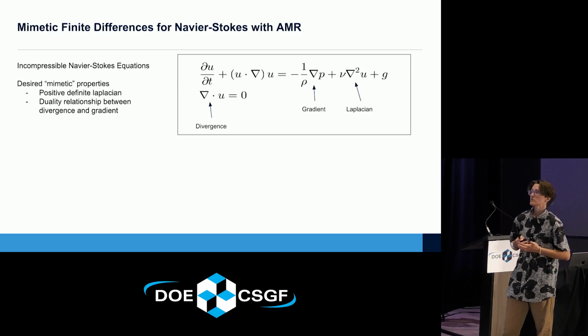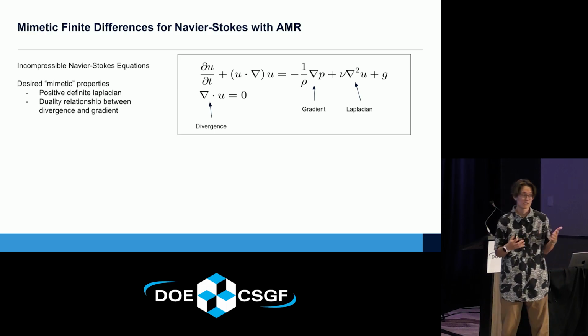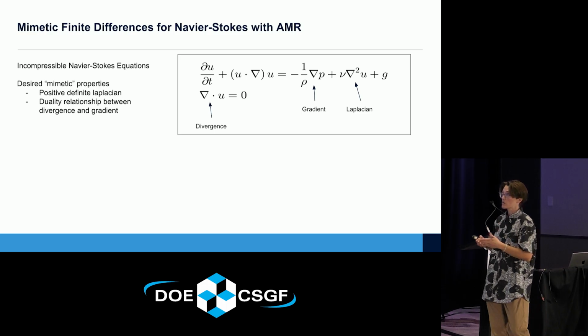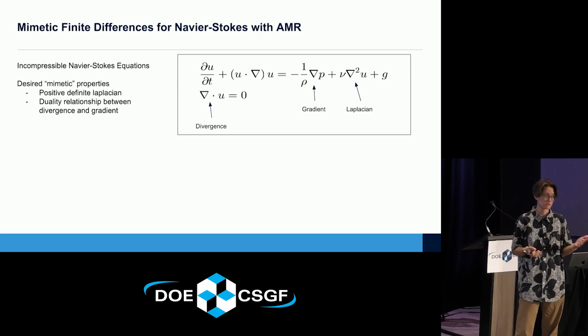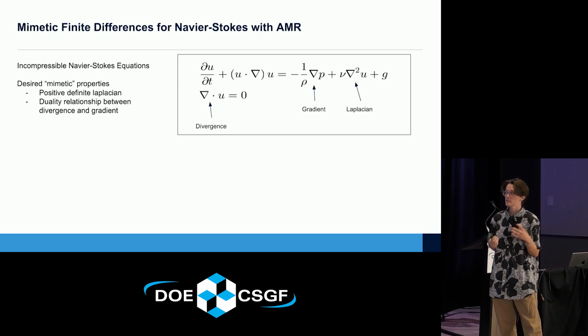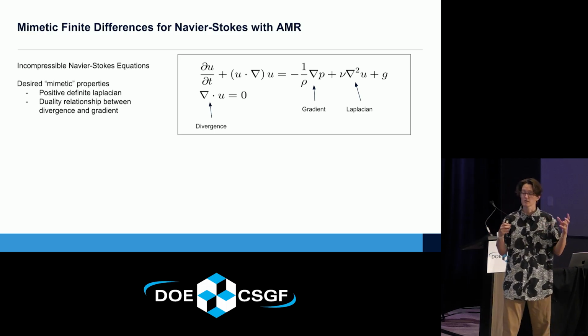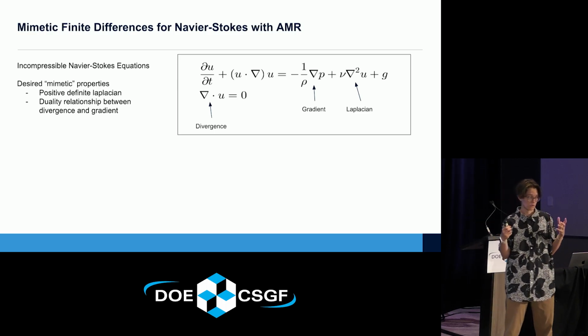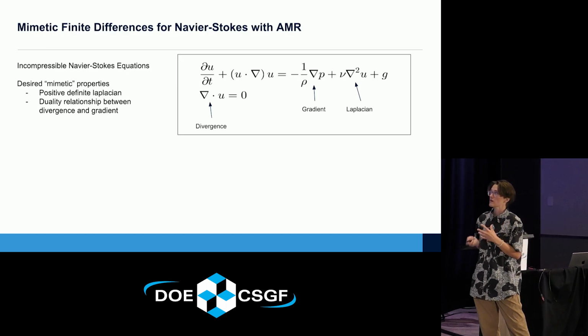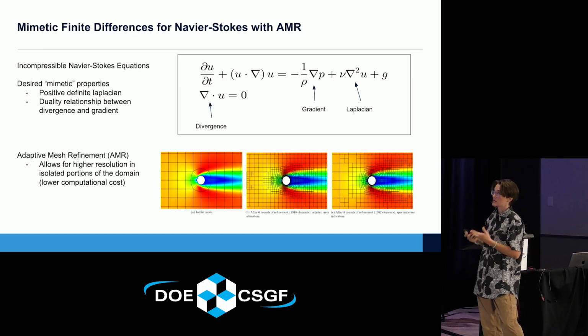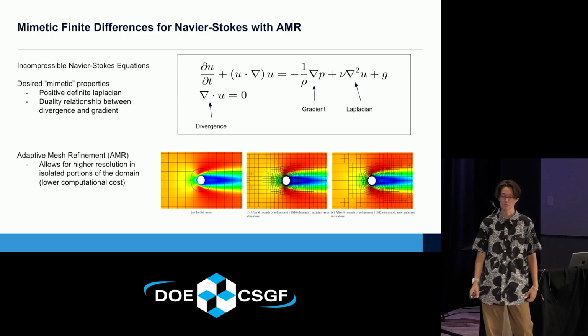And some of the reasons for this are we get these mimetic properties that we really care about. The marker and cell naturally gives us a positive definite Laplacian. It naturally gives us this duality relationship where you have the divergence being the negative adjoint of the gradient. And there's all these different properties that end up working really nicely for our numerical approximation.